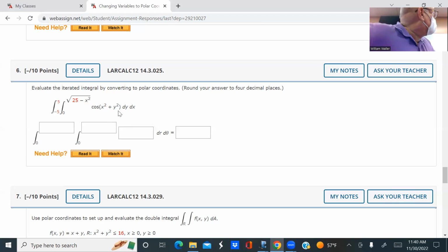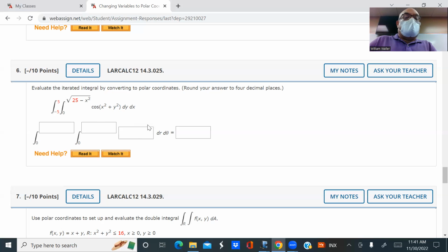Because the variables are x and y, but we want to convert it to polar coordinates. That might be a challenging integral to carry out in rectangular coordinates because of the nature of the integrand. But if we convert this to polar coordinates, maybe that will make it easier to evaluate this double integral.